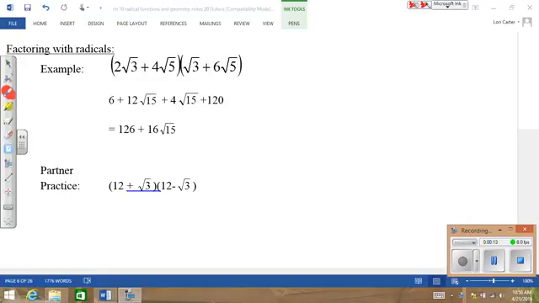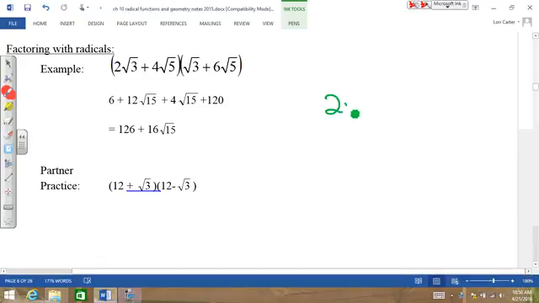All right. When you're factoring, it's just like what you've done before. There's nothing different. So this is, don't write this down, just pay attention. You have 2x plus 1 times 3x minus 4. How did we do that problem? Combine like terms. Correct, Ashley.